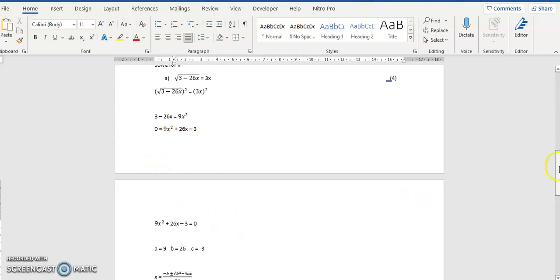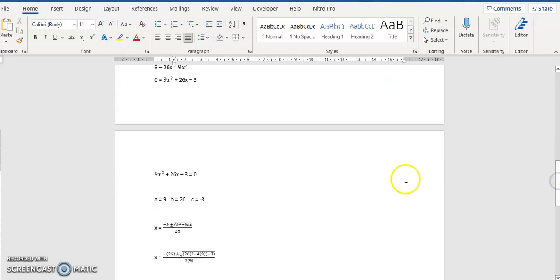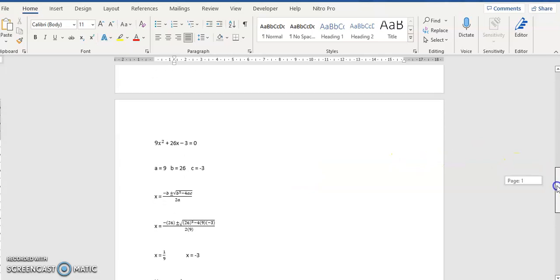Then what are we going to do? Our A is 9, our B is 26, our C is minus 3. So we use the quadratic formula. The formula will be given to you, so the only thing we need to do is to substitute.